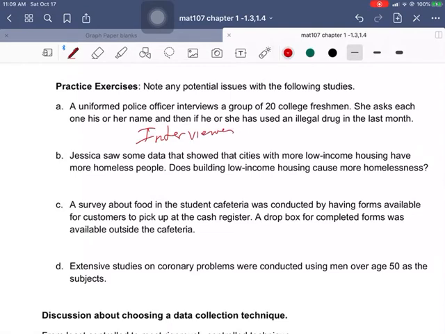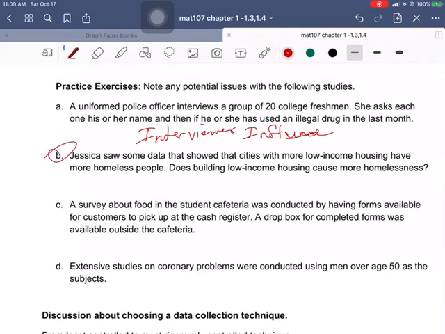Interviewer influence, okay? Truthfulness, faulty recall. They're just not going to tell them what they want to know.